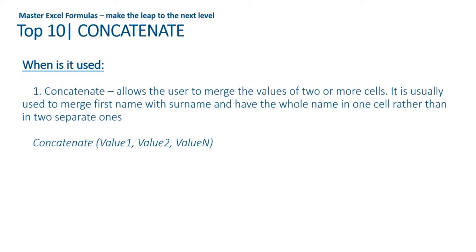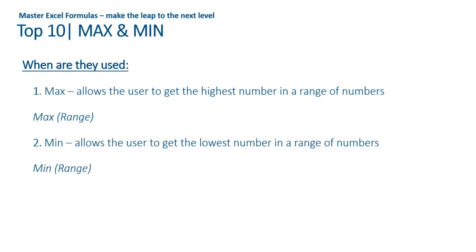Now going back to the slide again, the next set of formulas is MAX and MIN. It's easy to guess what these formulas actually do. The MAX formula gives the maximum value for a specific range as the outcome, whereas the MIN does the same but for the minimum value. And again, the structure of both formulas is very similar.